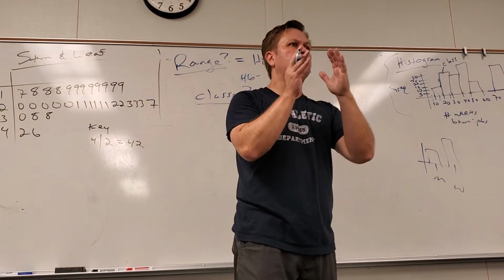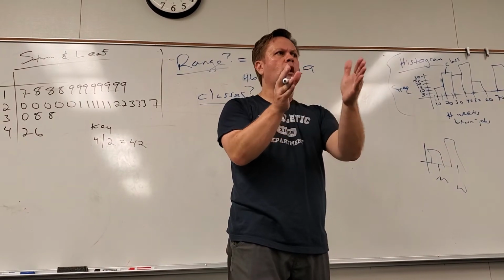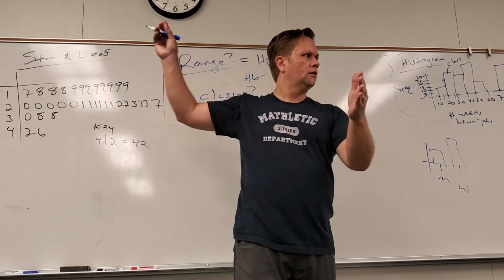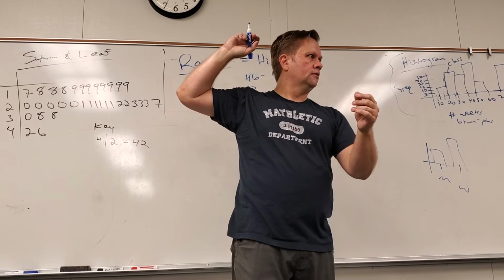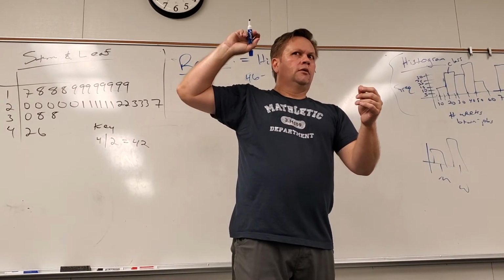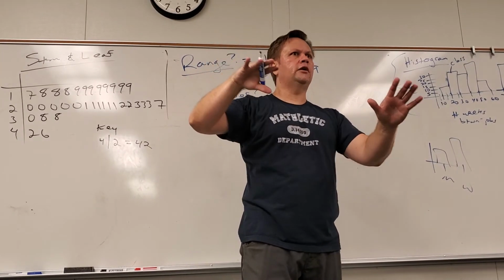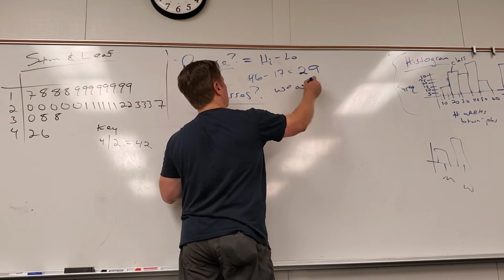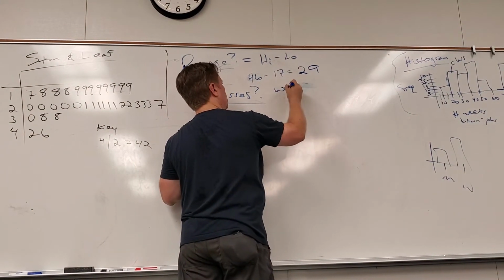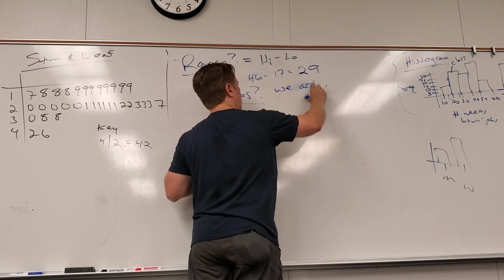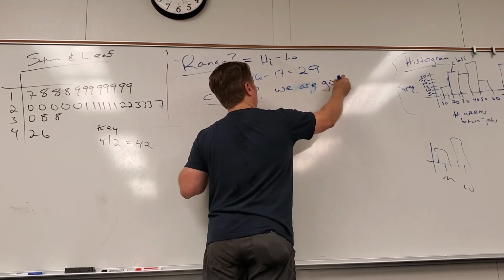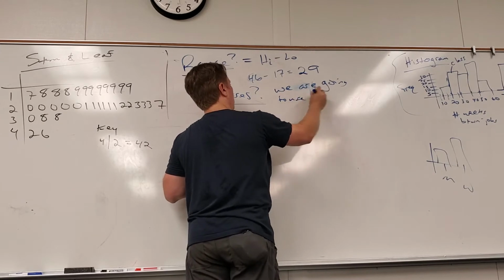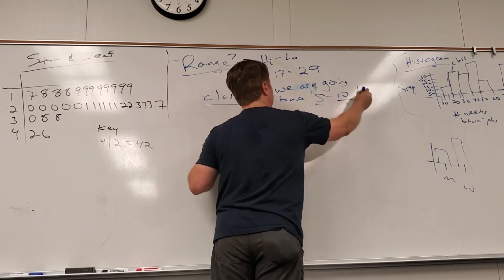So we have to determine somehow how wide our classes should be for the data we've got. Now here's the thing. We are going to use 5 to 10 classes.